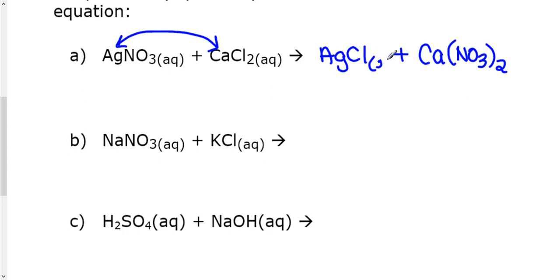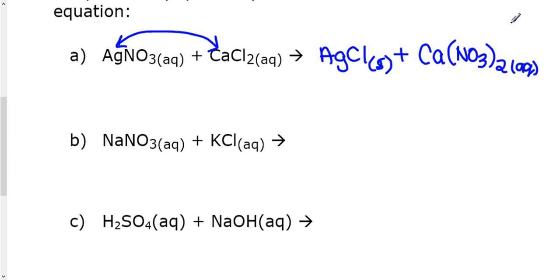That means it's going to be your solid. Do the same thing for calcium and nitrate. When you check those two, you should find this one is soluble, so that means aqueous. You might notice a trend with nitrates. They're very soluble. So in your table, pretty much everything is soluble with nitrate.